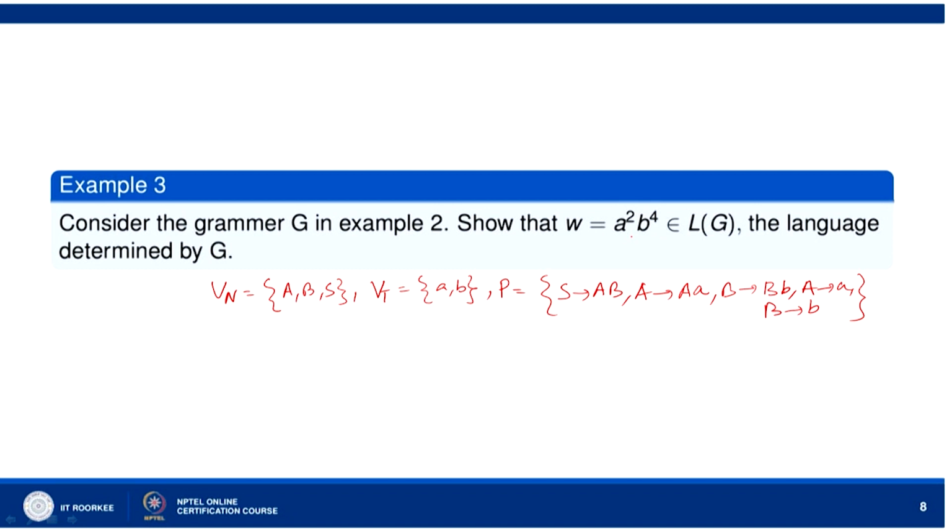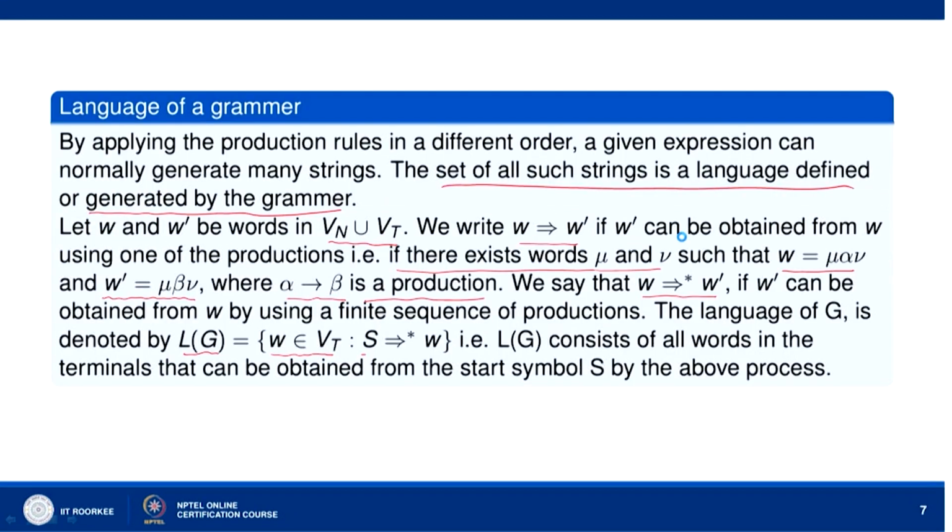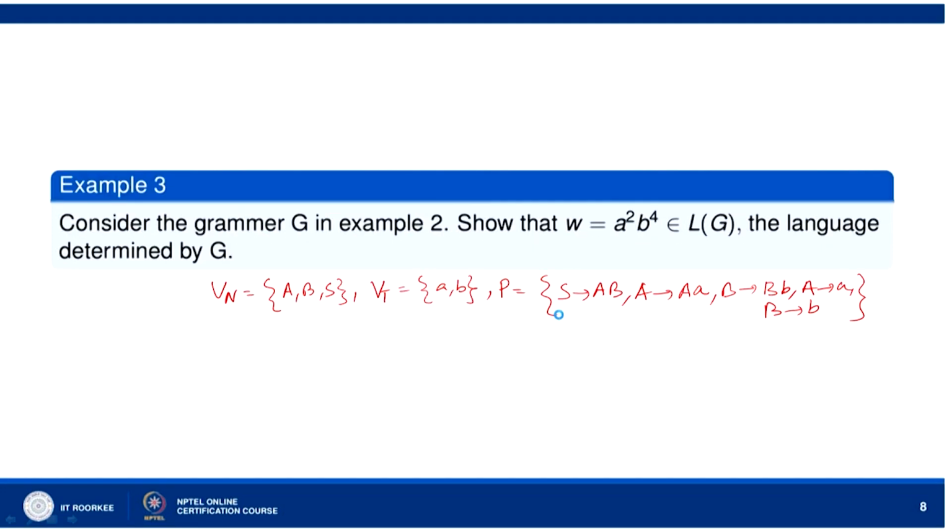Now, when we will say that W belongs to L(G), let us go to the definition. The language of G is denoted by L(G), and L(G) consists of all W belonging to Bt such that S goes to star W. S goes to star W means we can reach W by using a finite sequence of productions starting with S. So, let us see, we start with S. Now, you can see here S goes to AB.